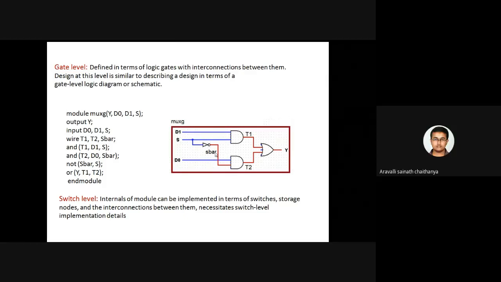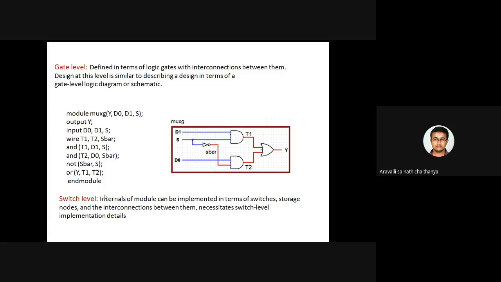Transistors. Very good. Transistors are the switches. Sometimes we call these storage nodes also. So the design is built in terms of switches and storage nodes and interconnections between them. That's it. This is about switch level implementation.